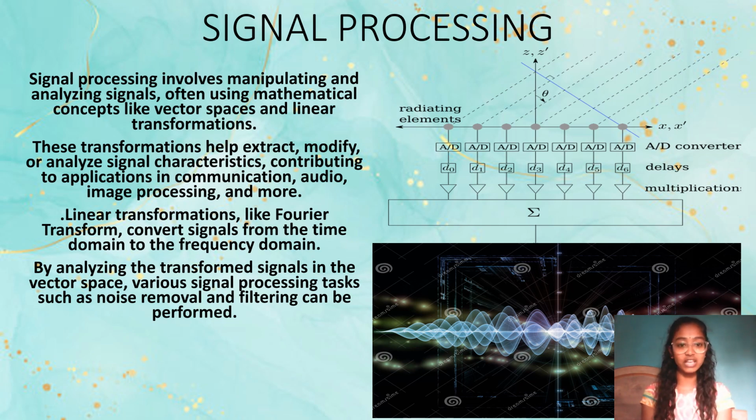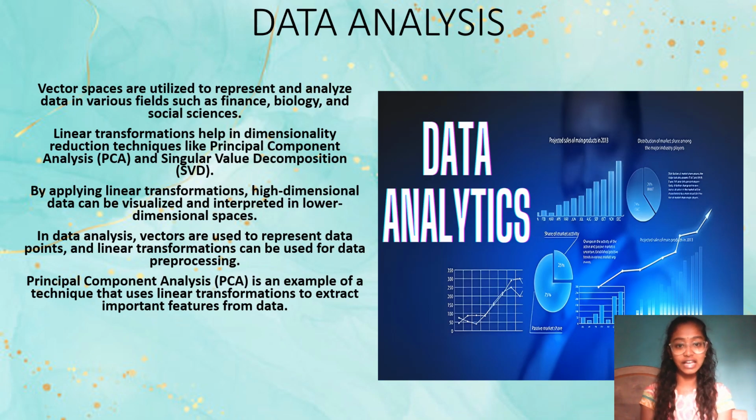Linear transformations like the Fourier transform convert signals from the time domain to the frequency domain. By analyzing the transformed signal in the vector space, various signal processing tasks such as noise removal and filtering can be performed.